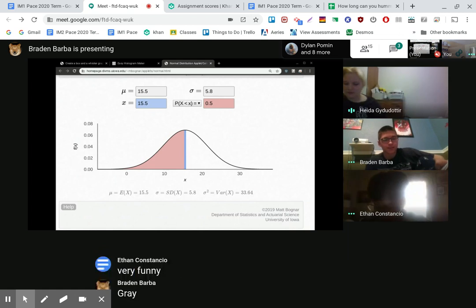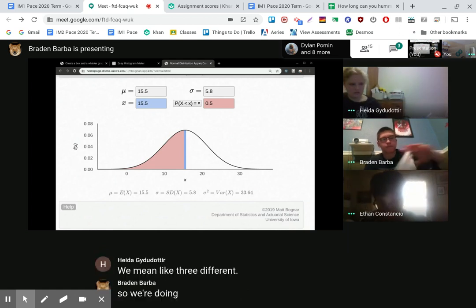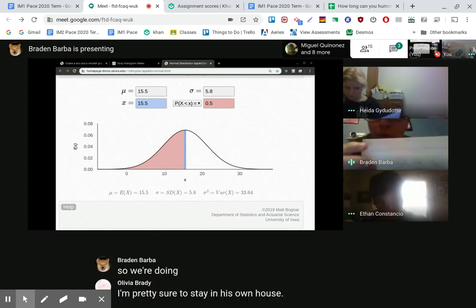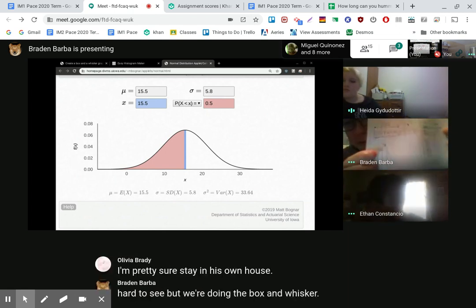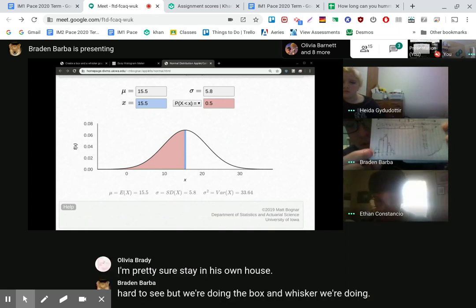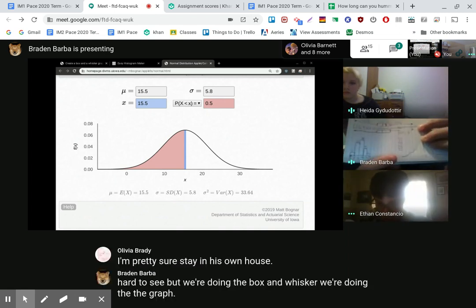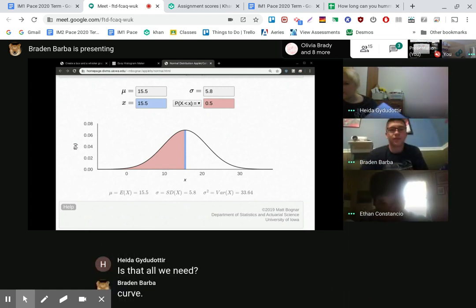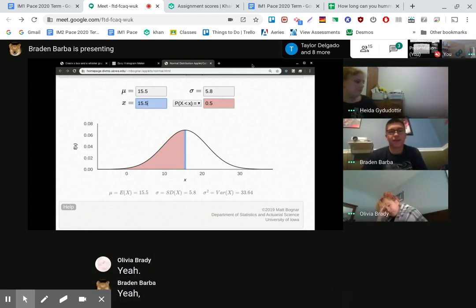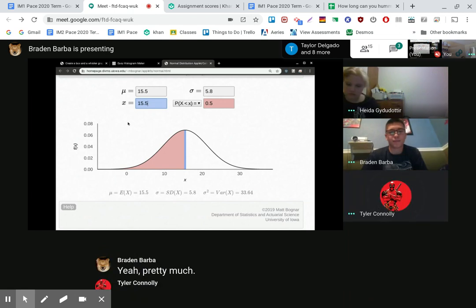We're doing the box and whisker, then the graph, and then the normal curve. Is that all we need? Yeah, pretty much. For the quiz? Yes. And we're working on it together.